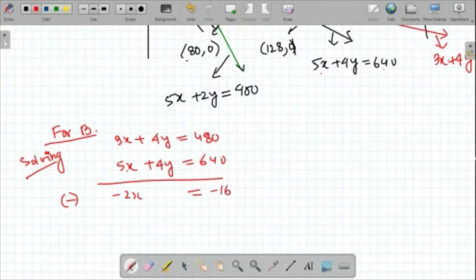Minus 160. So if you solve it, the value of x is going to be how much? 80. Correct.